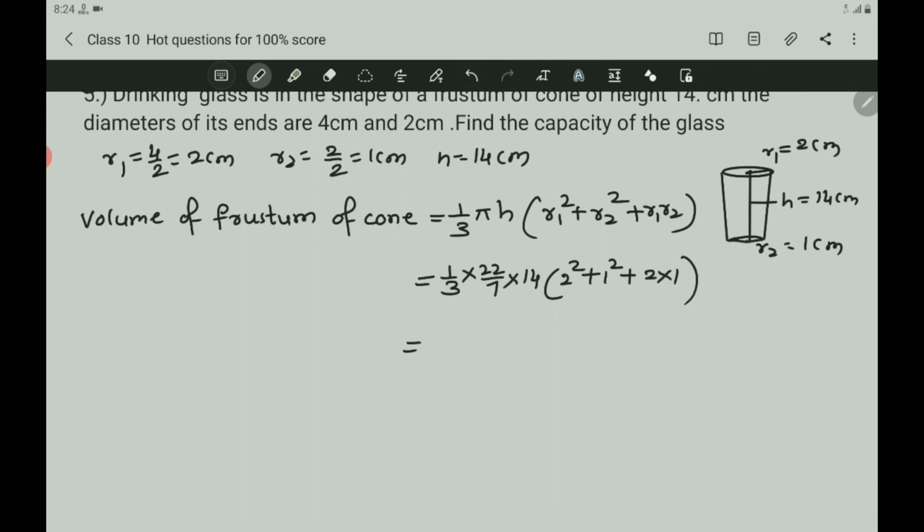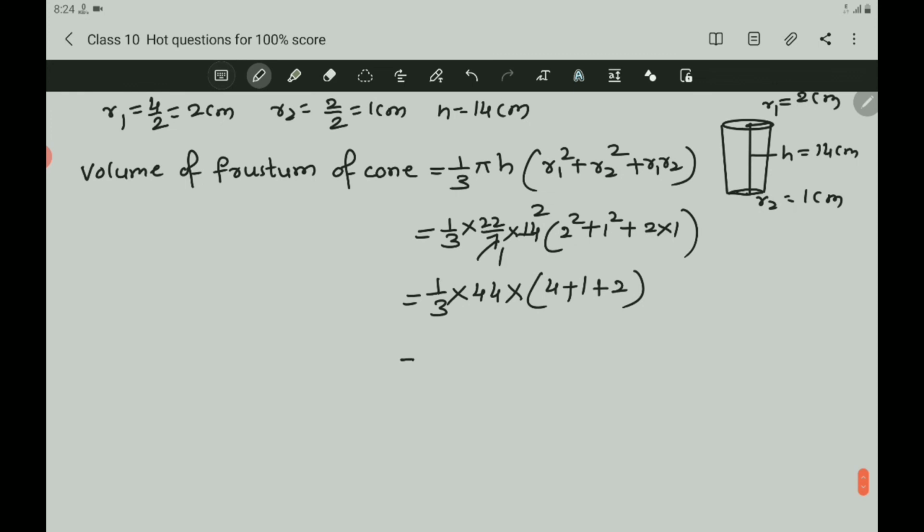Then 1 by 3 into 7 ones are 7, twos are 22, twos are 44, into 2 square is 4 plus 1 square is 1 plus 2 into 1 into 1 is 2. Then you write 1 by 3 into 44 into 4 plus 1 is 5 plus 2, 7.